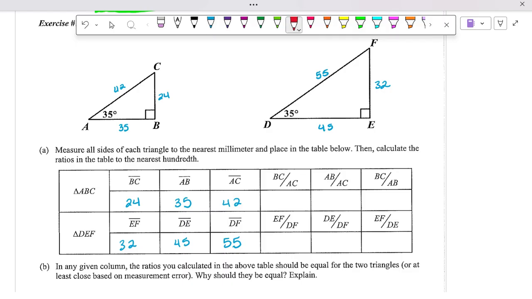Now, I'm going to write out the ratios, and what I want you guys to do is in your calculator, I want you to put those ratios in and then round to the nearest hundredth.